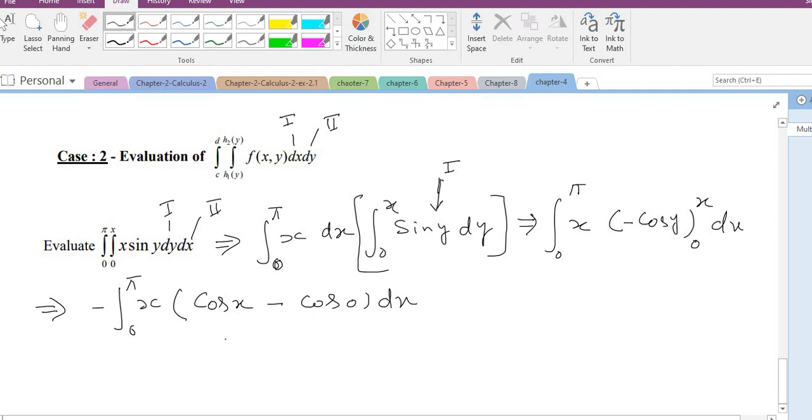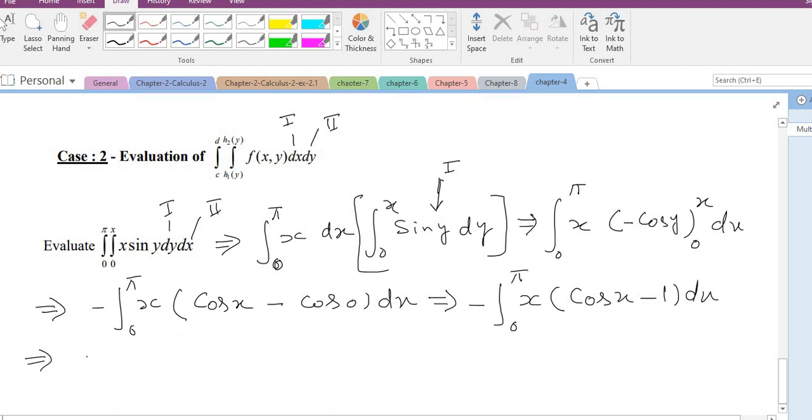So what we have to do is simplify it. So it is minus integral from 0 to pi of x times cosine of x minus cosine 0, which is 1, dx. Now integrate this.